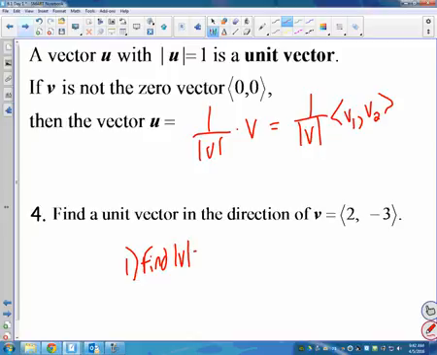My magnitude is the square root of these components squared and added, so that would be 4 plus 9, which is the square root of 13. So right now this vector does not have a length of 1, it has a length of the square root of 13.